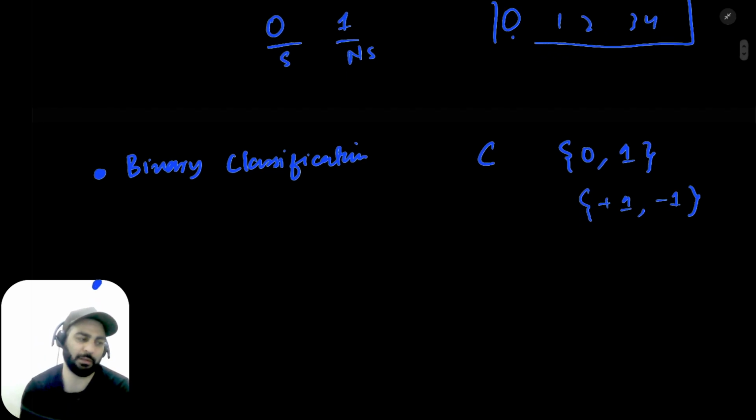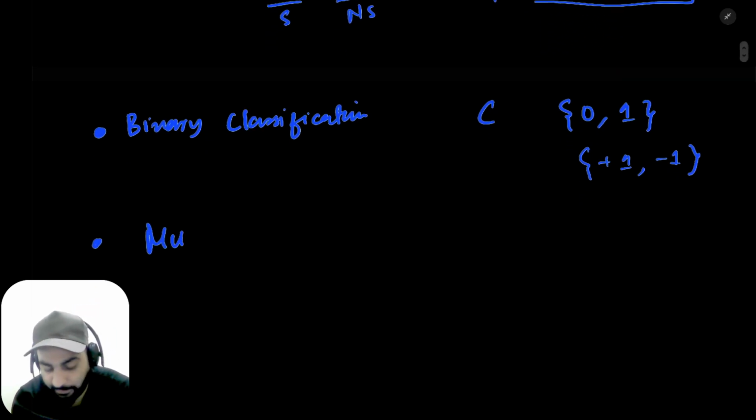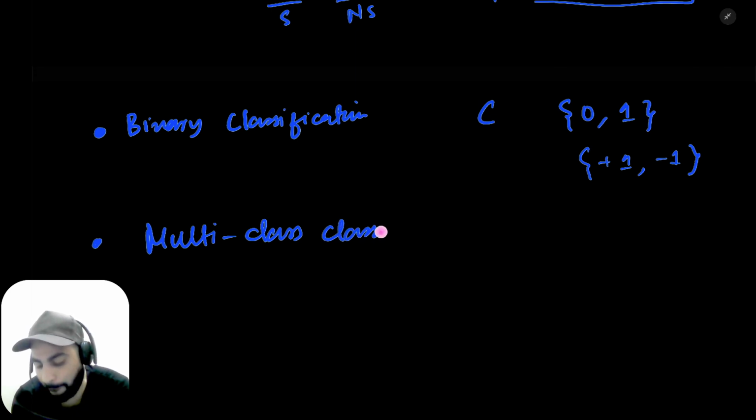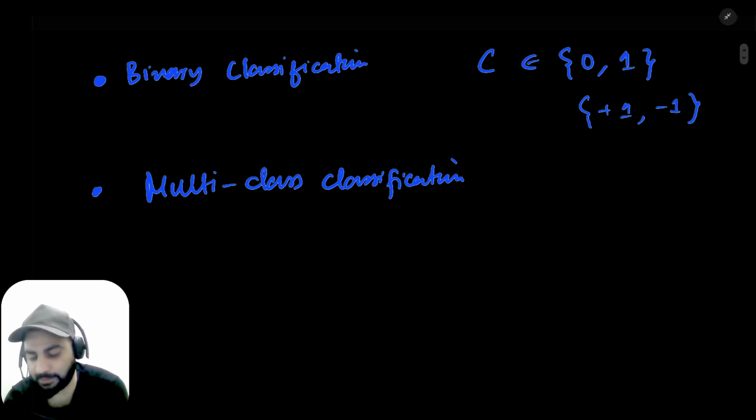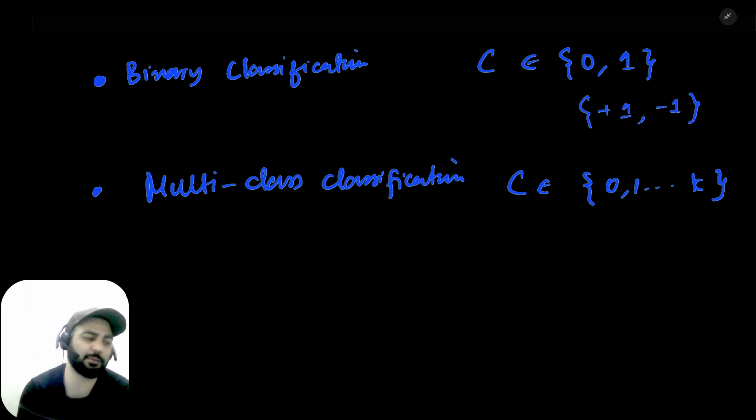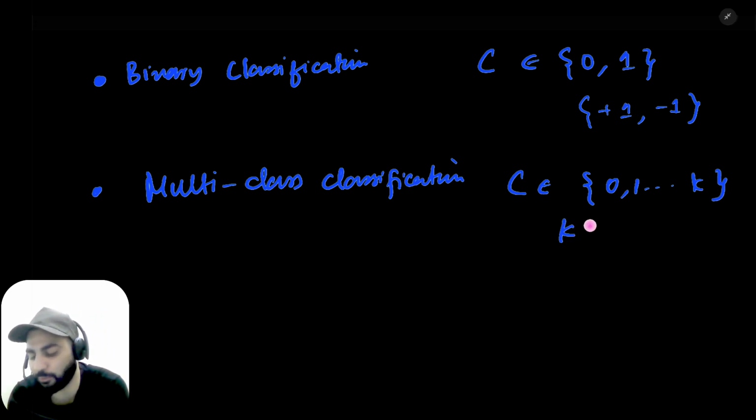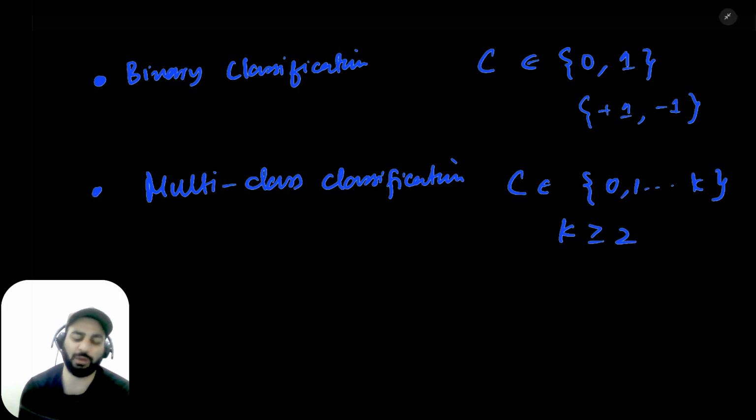Then I said about multi-class classification. The C can take values from 0, 1 to k. There'll be k classes and we'll call it k, and here k is greater than or equal to 2. It will become binary if it is 2. If it's greater than 2, we'll call it multi-class classification.